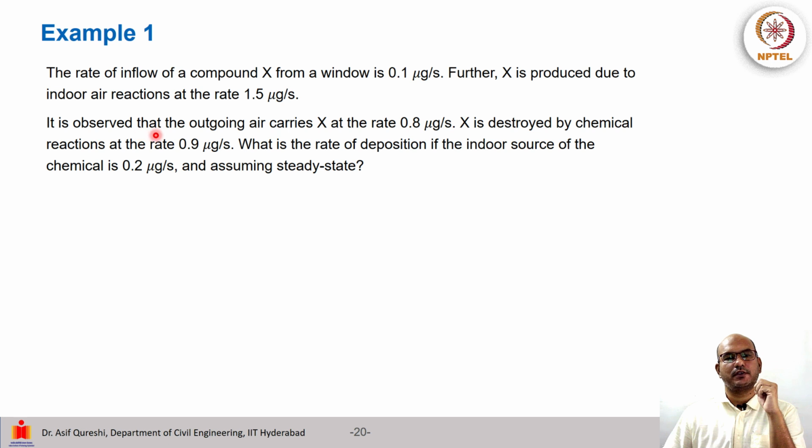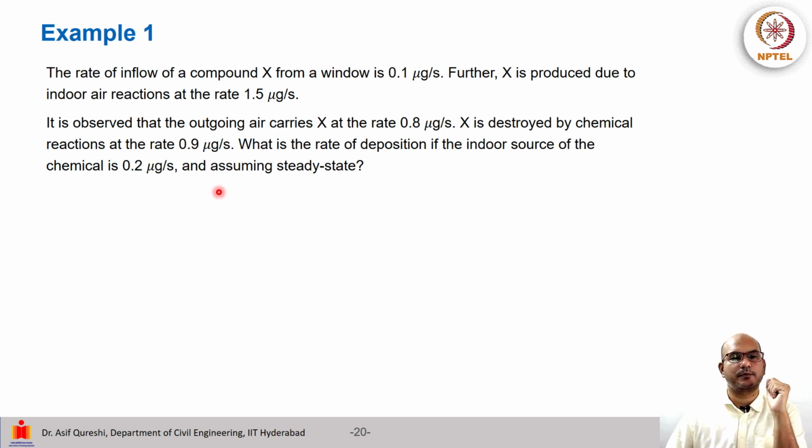It is observed that outgoing air carries X at the rate 0.8 microgram per second. So outgoing air. X is destroyed by chemical reactions at 0.9 microgram per second. The question is, what is the rate of deposition if indoor source of chemical is 0.2 microgram per second, and assuming we have a steady state.